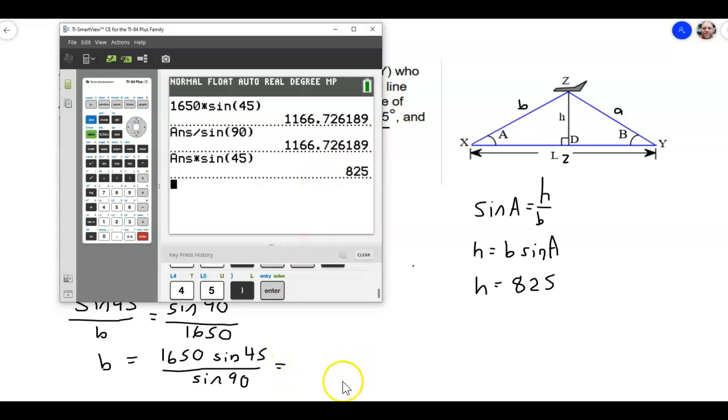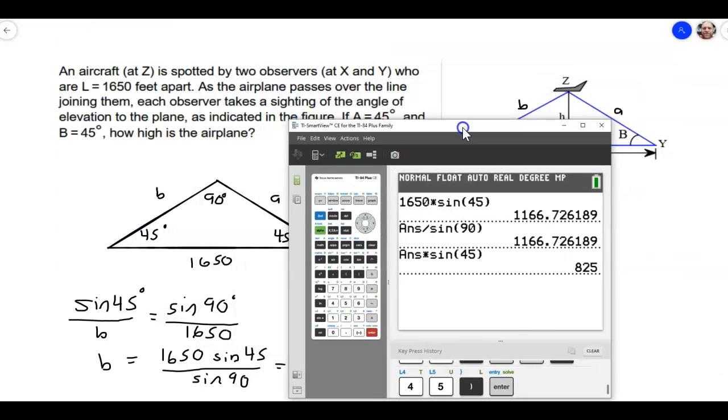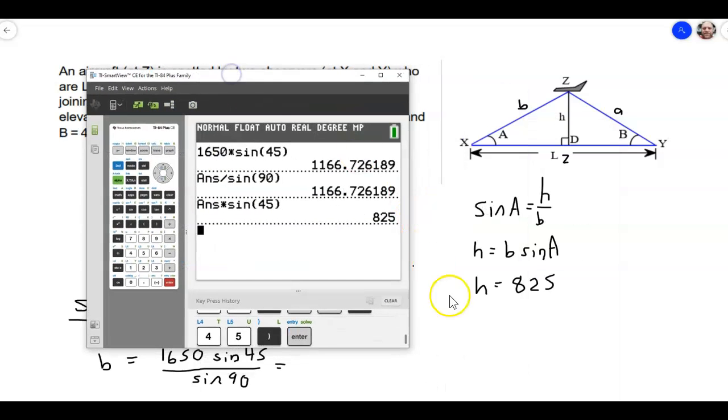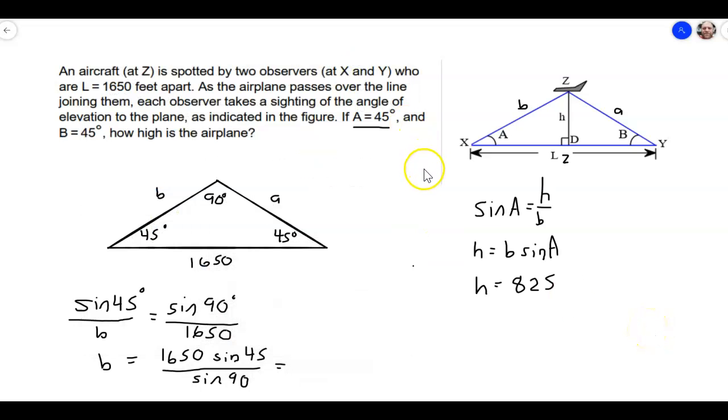You can write all that out there, and then you plug that B in there. Sine of A is 45 degrees. So you plug all that in there, and you'll get H is equal to 825. So the height of the airplane is 825 feet.